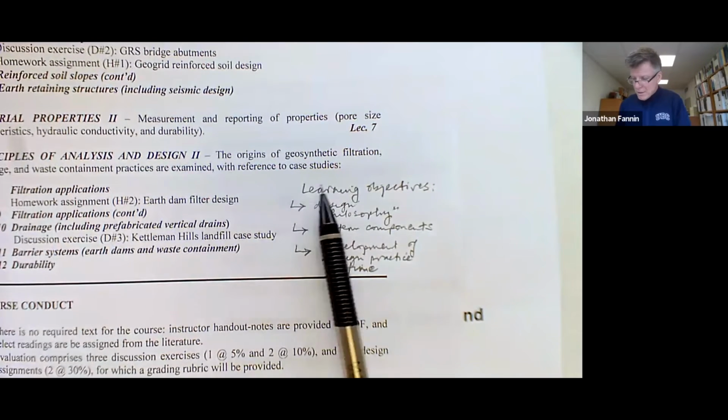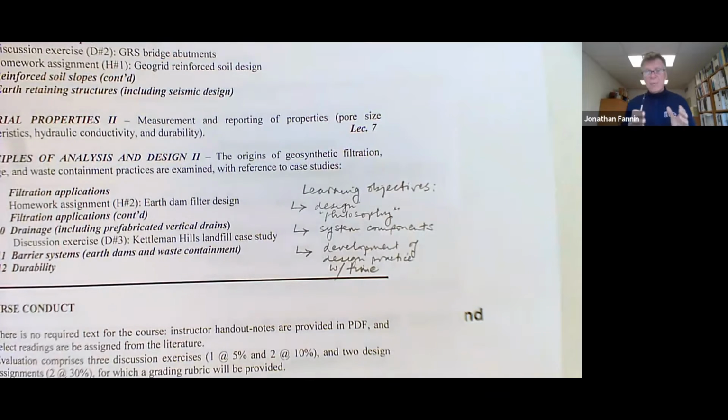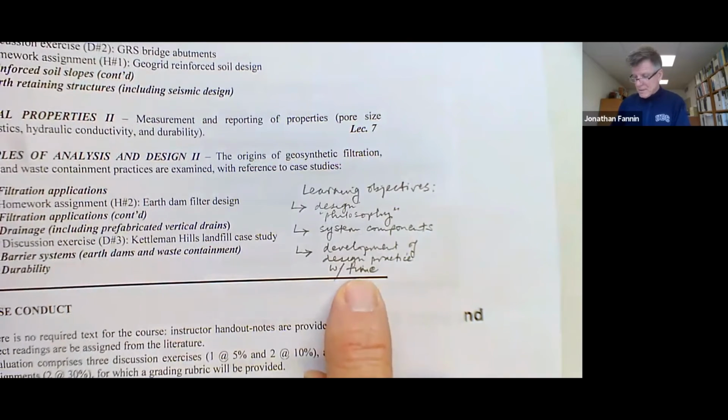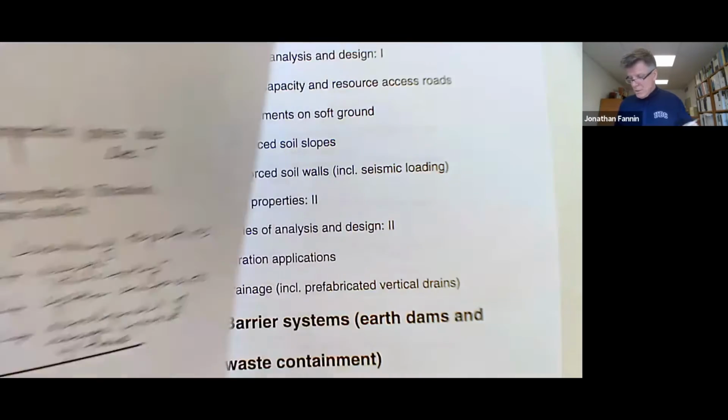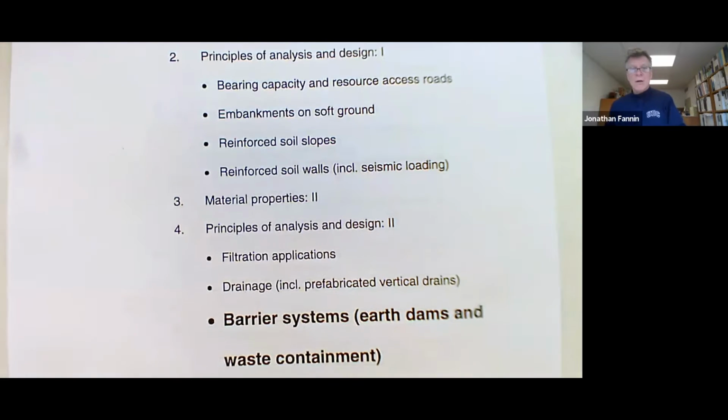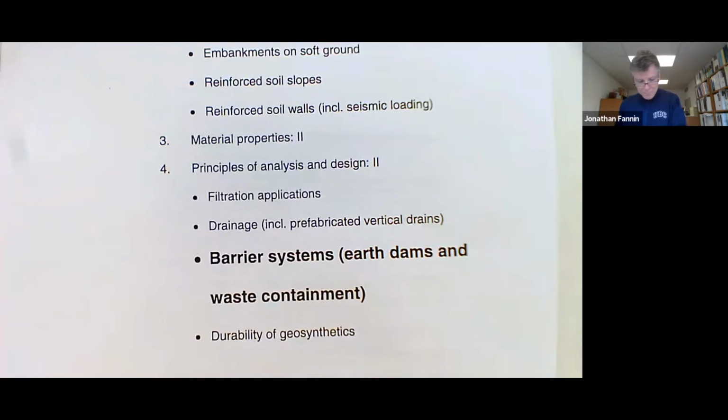So those are the learning objectives. They're fairly broad-based, but in the process we'll zoom into rules of thumb and selection of material properties to input into, for example, slope stability analysis. Those are the learning objectives for this particular lecture, a lecture on barrier systems.